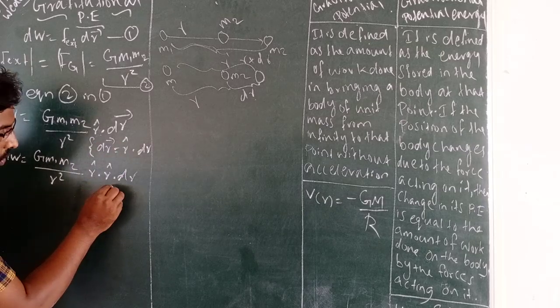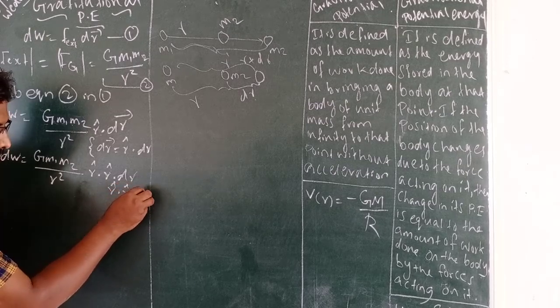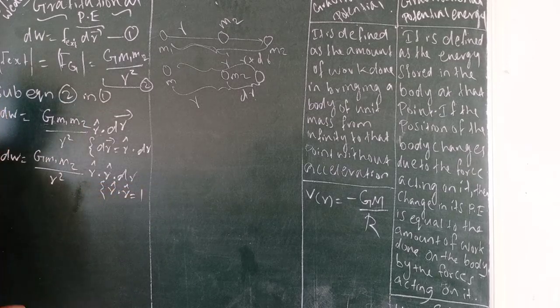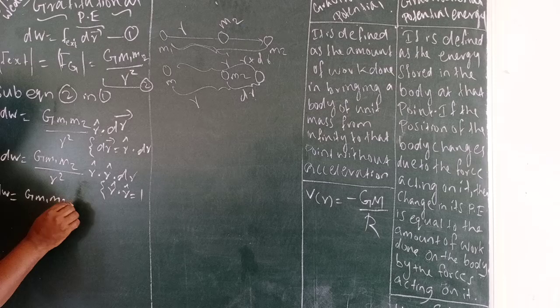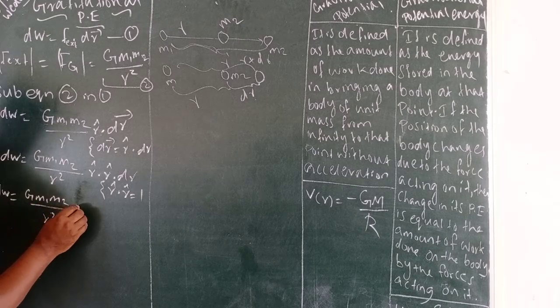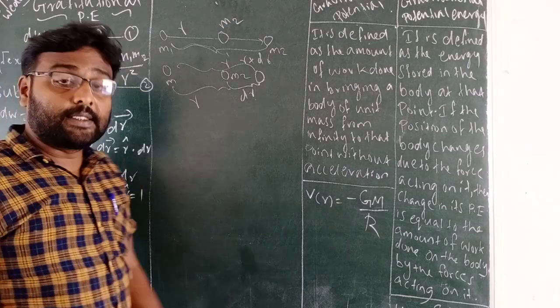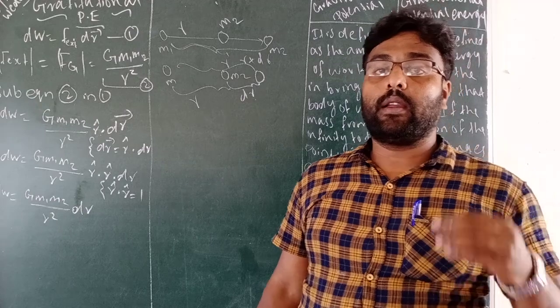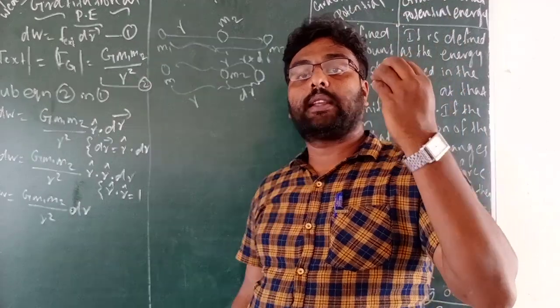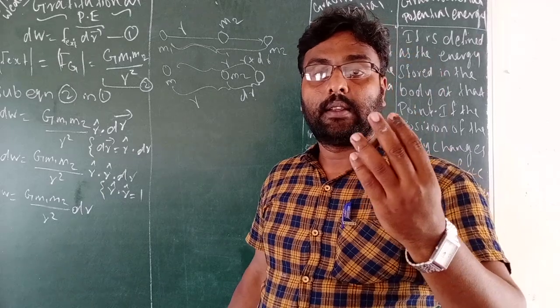Now this R cap dot R cap, from second unit we are saying R cap dot R cap means what? 1. So dW is equal to G M1 M2 by R square into dr. This is the work done to bring an object an infinitesimal distance.